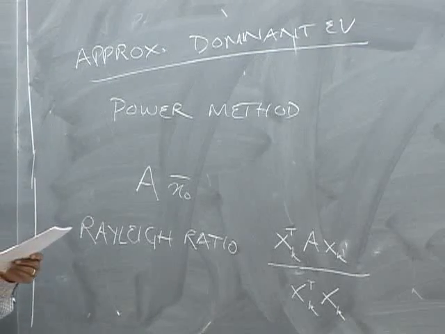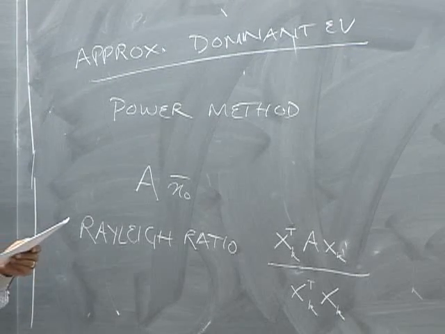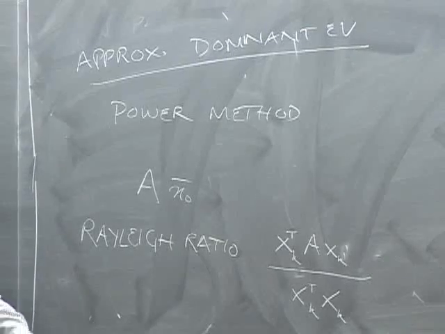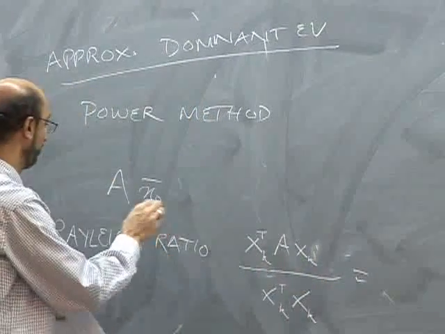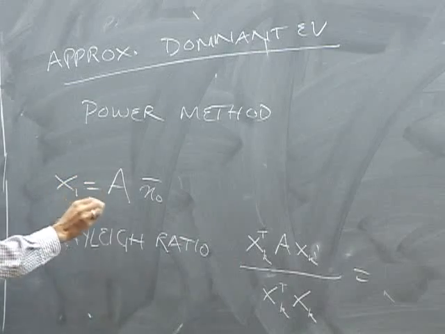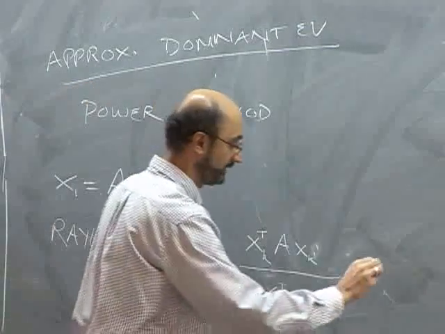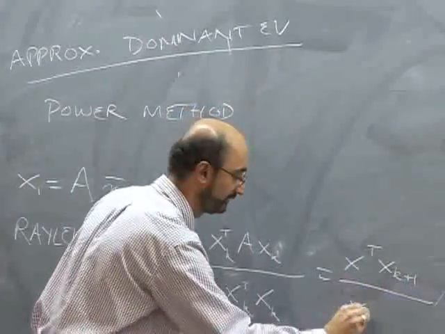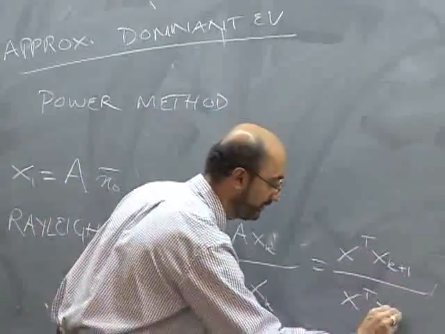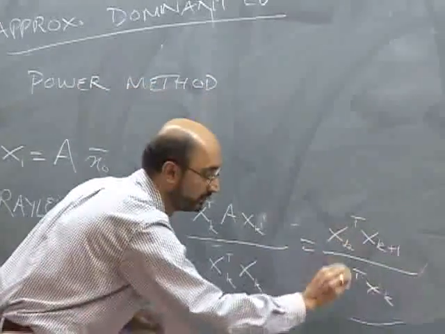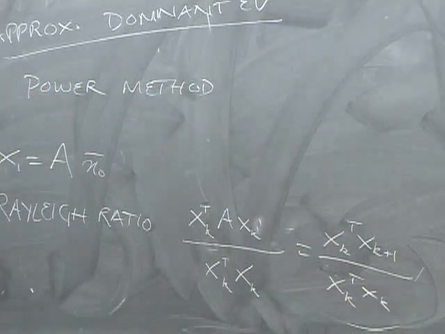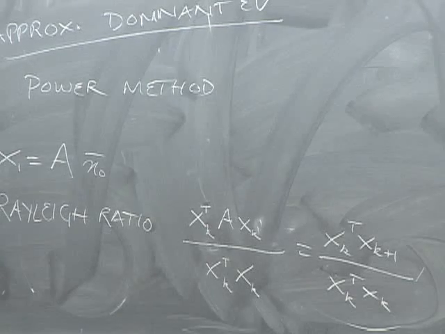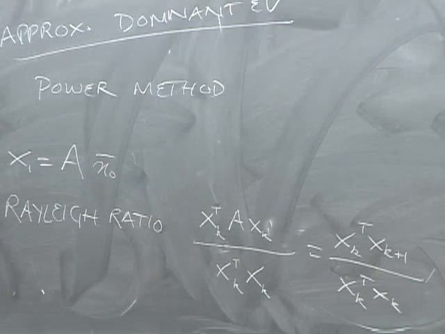If we say x1 equals A x0, this is nothing more than x transpose x_{k+1} over x transpose x_k, where t means transpose. This ratio is going to converge to the dominant eigenvalue. That's the trick.